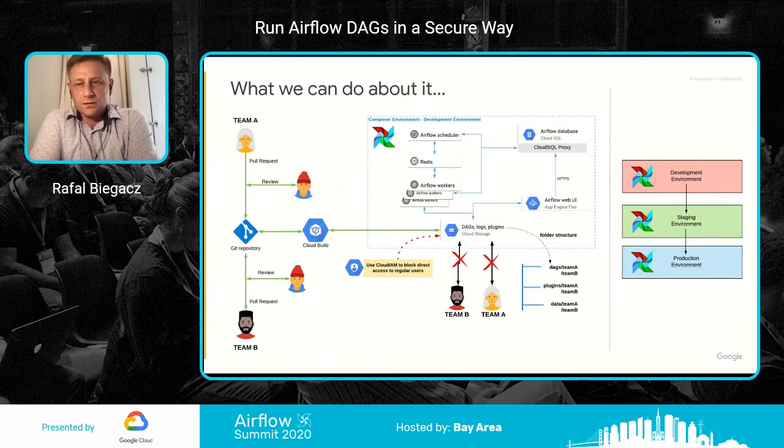And as you can imagine, you can have multiple stages of such a process before the code gets into production. So first, the development of the DAGs is happening in the development environment. Once the code is proven to work, you can set up automatic deployment to the staging environment, and then to the production environment.